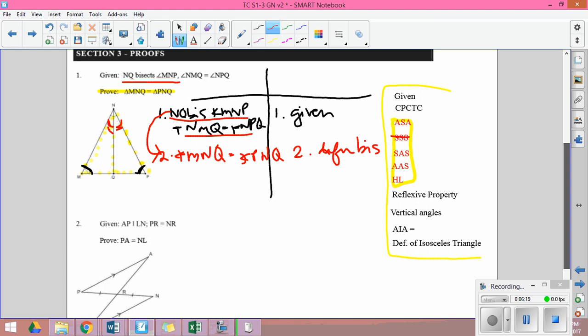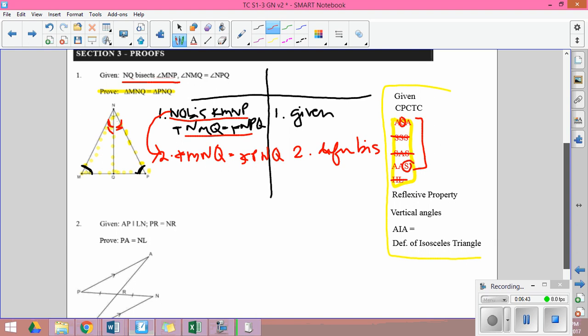So this one's off the table. I don't have a right triangle, so that one's off, and that one's off. So I'm really looking at one of those two. Can I find the side between the angles, or do I know something about the side outside the angles? Truth is, in this scenario, there are two correct ways to do this proof.